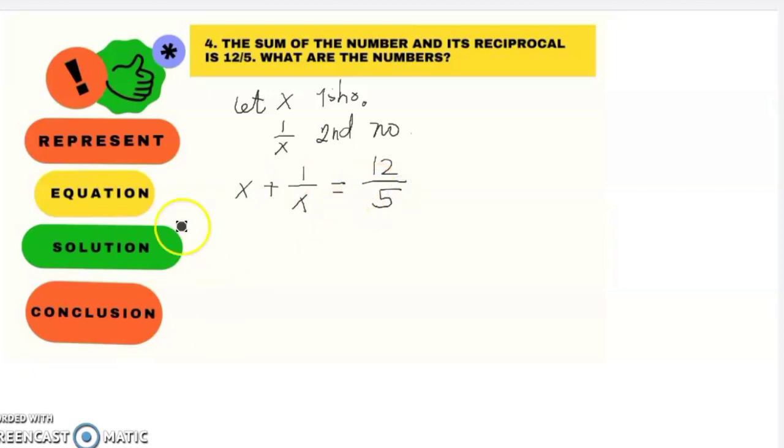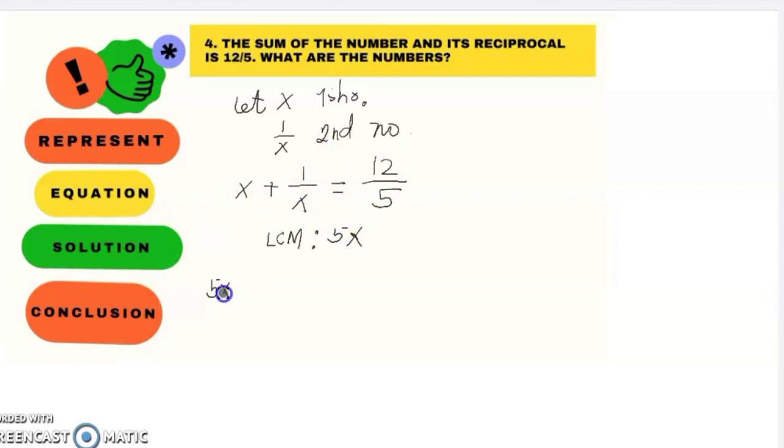Okay, so we will now solve for the values of x. So as you can see, meron tayong fraction, which is a rational expression. So, kukunin muna natin yung LCM. So, again, yung LCM natin is 5x. So, yung 5x, yun yung i-multiply ninyo sa bawat term.